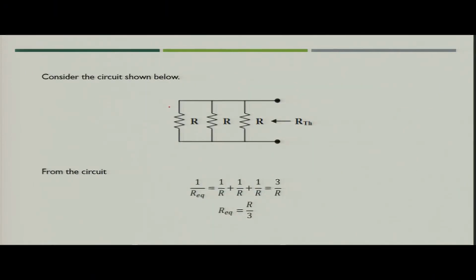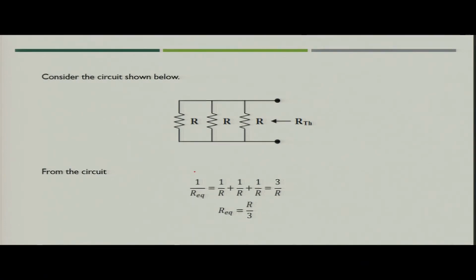So, you will get this circuit as an equivalent circuit after short circuiting all the voltage sources, and then you need to find the value of RTH. Here you will see all 3 resistances are in parallel.